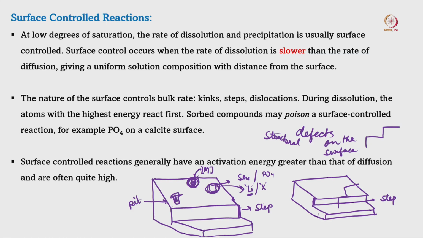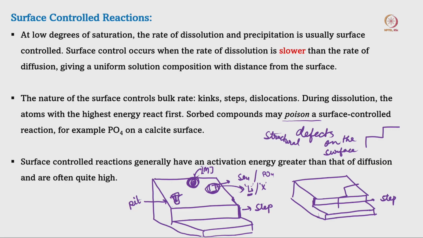So, sorbed compounds may poison surface controlled reactions. That particular site is not available for reaction to happen, then that can become a problem, that can slow down the reaction.